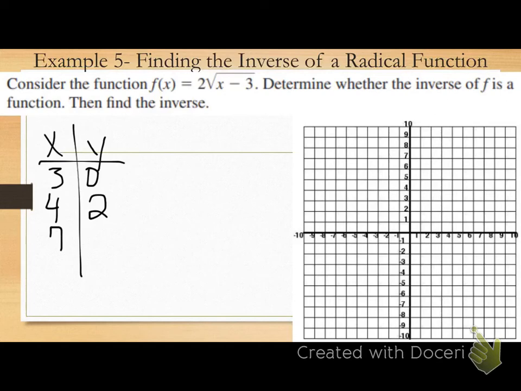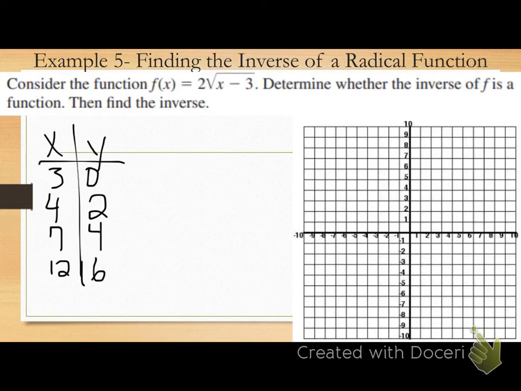Square root of 4 is 2, and 2 times 2. Is everyone seeing where I'm getting these numbers to plug in? And what would be my next number? 12. 12 minus 3, 9. Square root of 9. 2 times 3, 6. Everyone good with that?